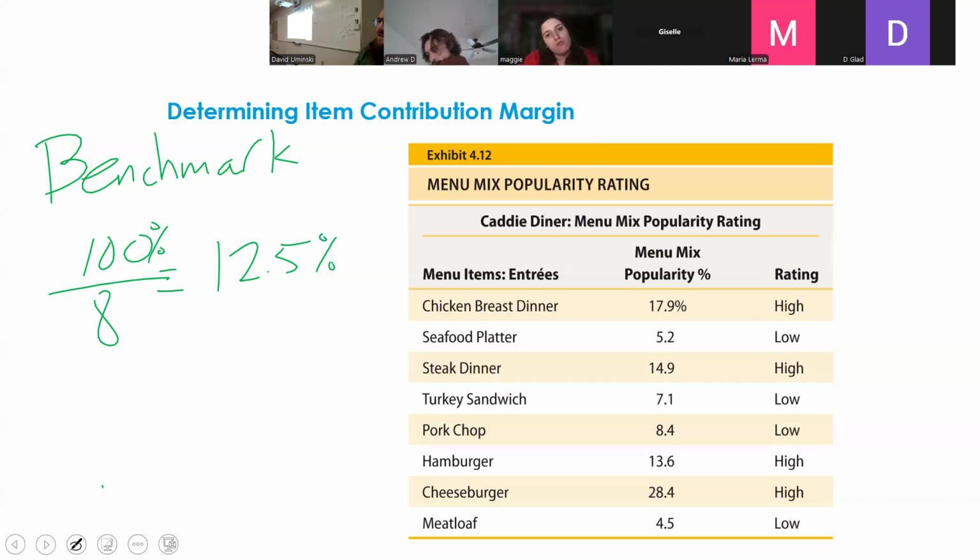I'm going to say something along the lines of, to be considered very popular, that should reach at least 75% of the average popularity. So that factor of 75%, I'm going to multiply my average times that factor that's given. So Jose, what is 12.5 times 0.75?